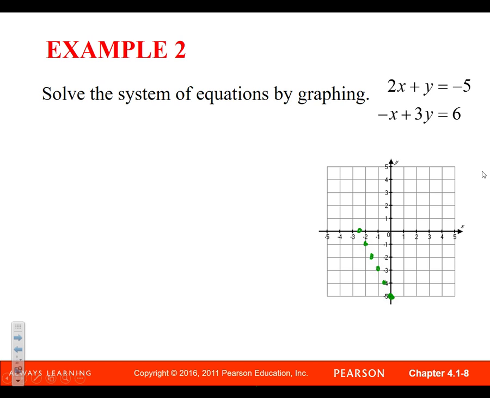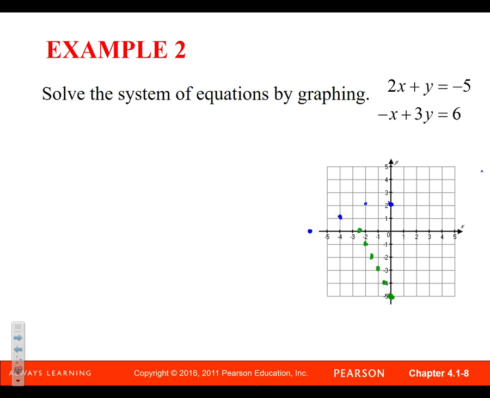All right, next equation. When x is 0, what is y? 2. So it's going to be there. And if y is 0, x is negative 6, which is, whoa, out here. Okay, I'm going to have to draw more of these green points. But what's my slope here? 1/3. So I'm going to go up 1 over 3.